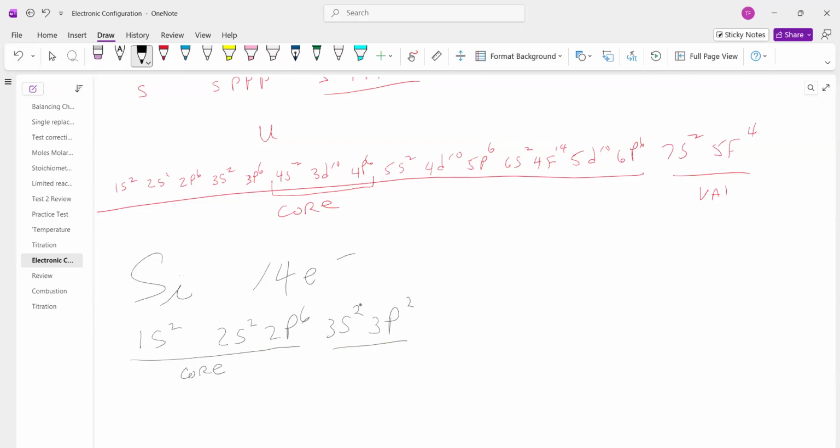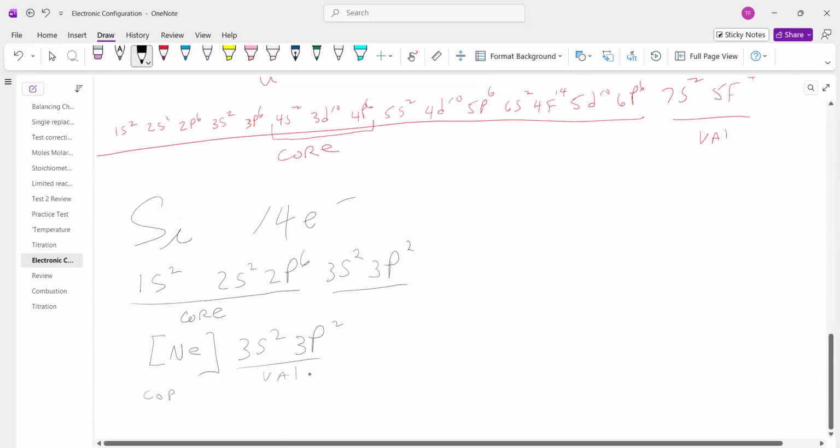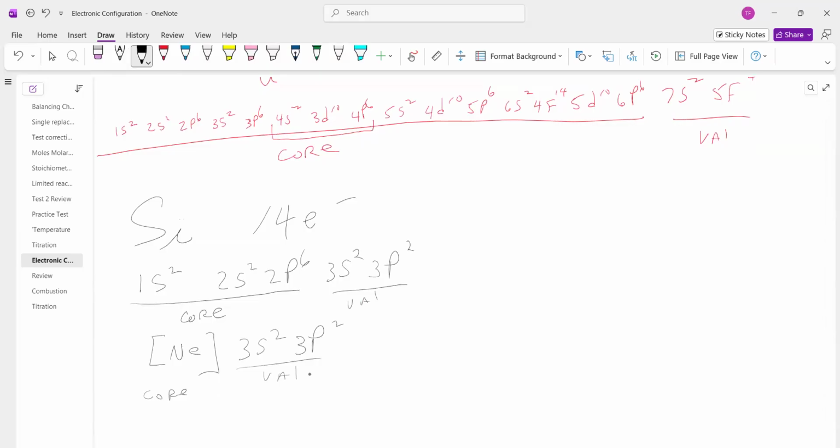The core is going to be represented by neon. So valence, core. Makes sense?